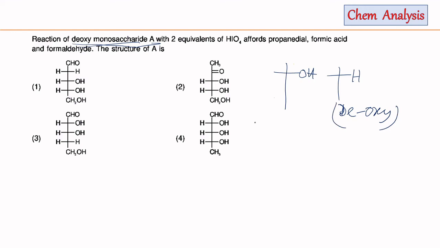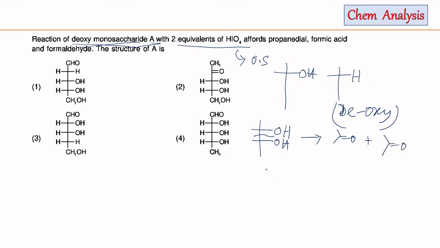Now this deoxymonosaccharide A is reacted with 2 equivalents of HIO4, an oxidizing species that will oxidize or cleave the carbon-carbon bond between two vicinal diols, and it will form the corresponding carbonyl compound from this vicinal diol.